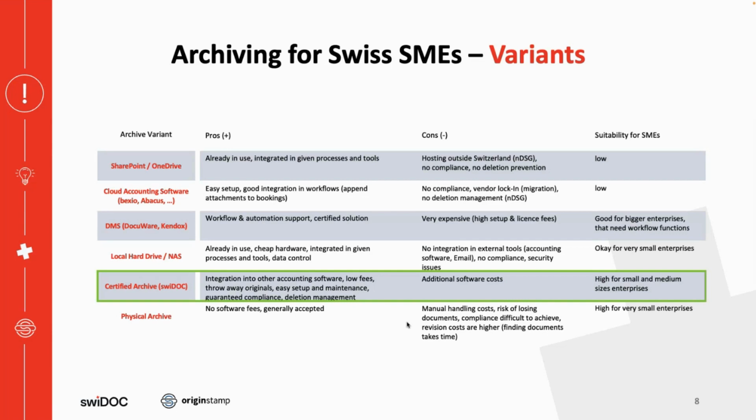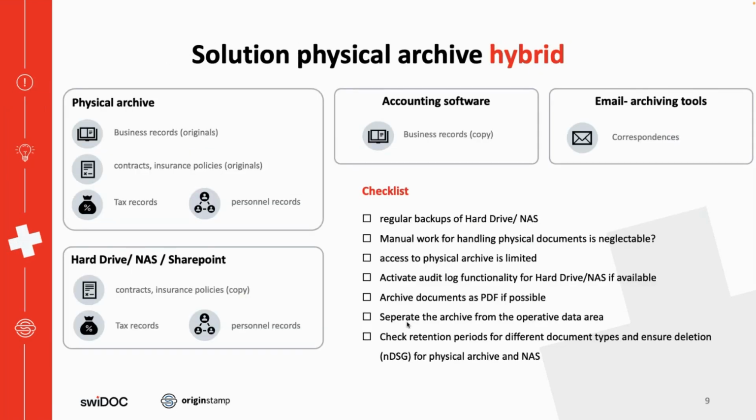So now moving on, what could be a solution variant? If I have a very small enterprise, how could I solve the physical archive? To give a better picture of how this could look, I took the documents from before and distributed them among several solutions.